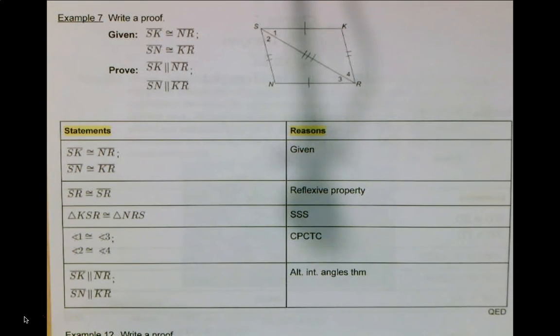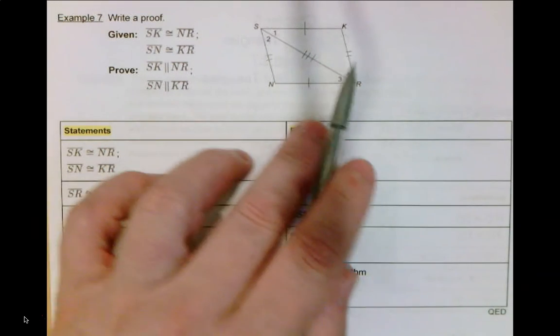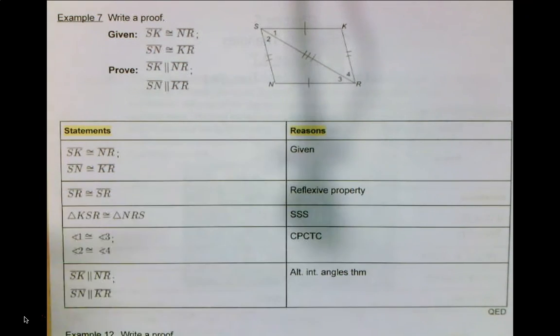Side SR is congruent to itself. Once we mark that up in the diagram, we have to be able to recognize side, side, side. These two triangles are congruent by side, side, side.